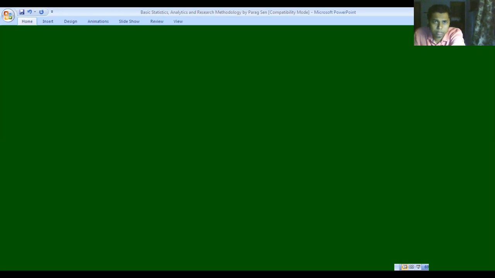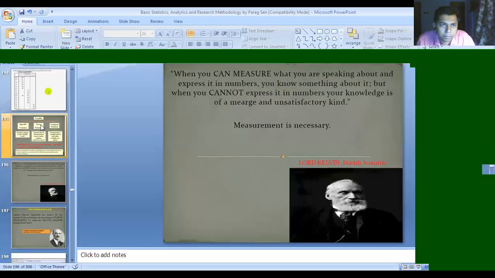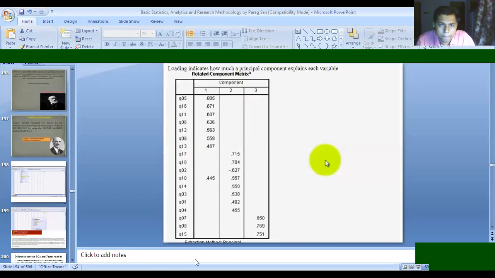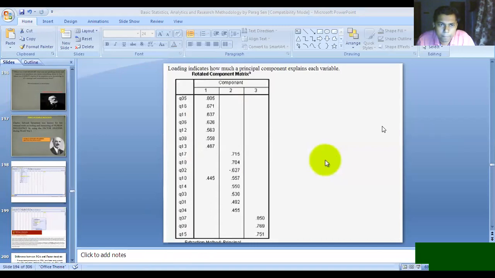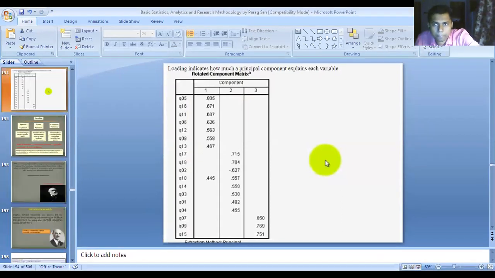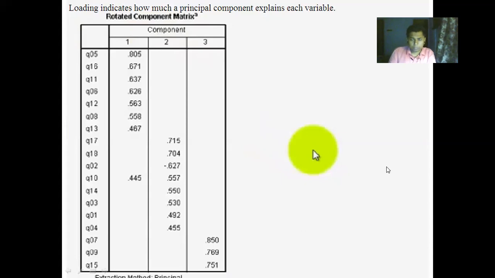So that's why it is very important to note when to conduct principal component analysis and when to conduct factor analysis or exploratory factor analysis.